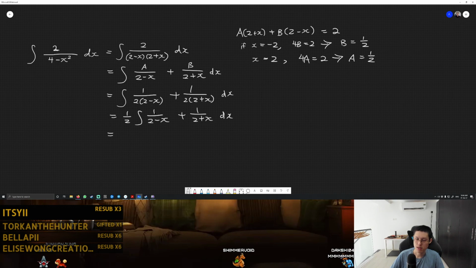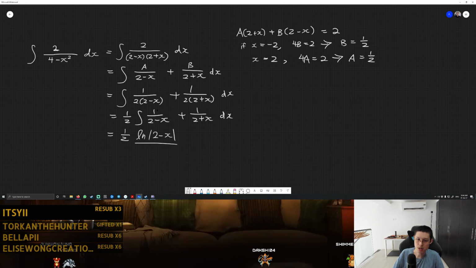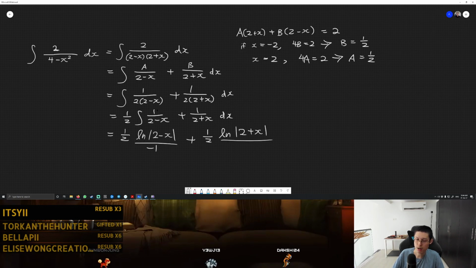So if we integrate this, we are going to get 1 over 2 ln, remember to put a modulus, 2 minus x, and then divide that by the derivative of the function, which is -1. And this one here is a half times ln modulus 2 plus x divided by the derivative of the function, which is 1, plus c.